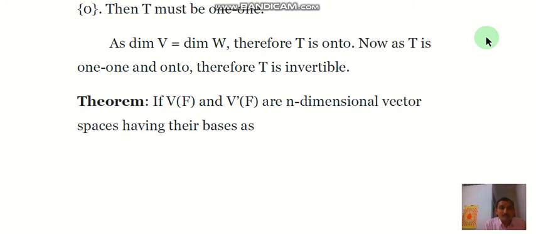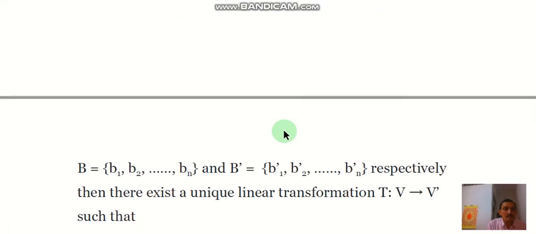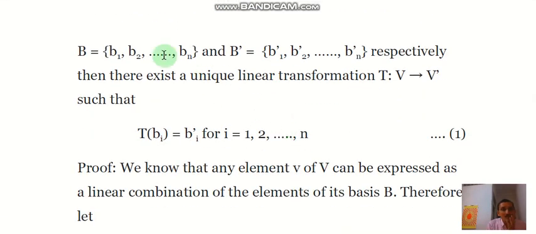Next we see the theorem which will give us a particular type of linear transformation from one vector space to another vector space, relating their bases. The theorem is this: if V(F) and V'(F) are n-dimensional vector spaces having bases B equal to {b1, b2, ..., bn} and B' equal to {b1', b2', ..., bn'} respectively, then there exists a unique linear transformation T from V to V' such that T(bi) equals bi' for i equal to 1 up to n.